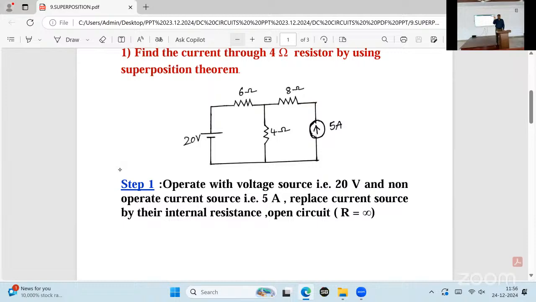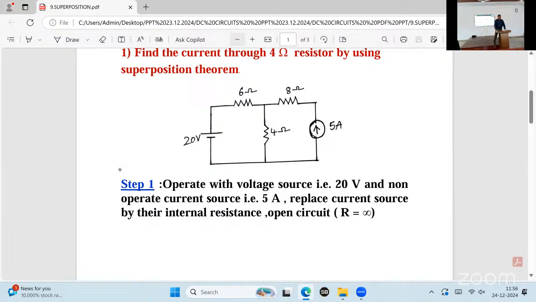Whenever you say it is non-operative, the resistance for a current source is infinity, open circuit.